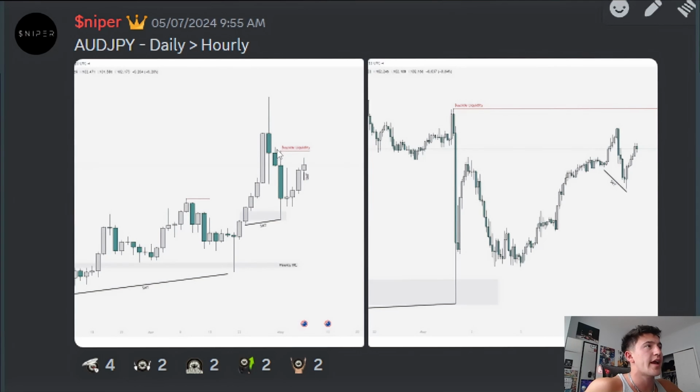I'm using any internal highs, like the NFP highs that I labeled on the hourly here, as the low-hanging fruit for anything that I could take for a 1 to 2 risk to reward, so that I could leave 20% of the position open running to respect our daily internal to external range draw and liquidity.